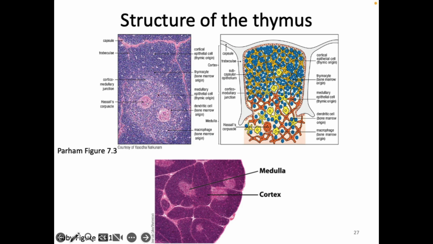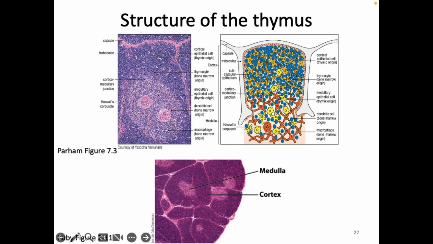What I also want you to notice about this image is that our developing T cells are making a lot of contacts with other cells in the thymus. There's all these cells that are shown as yellow and orange and red, even some of these pink cells. Those are known as the thymic stromal cells, or the stroma.